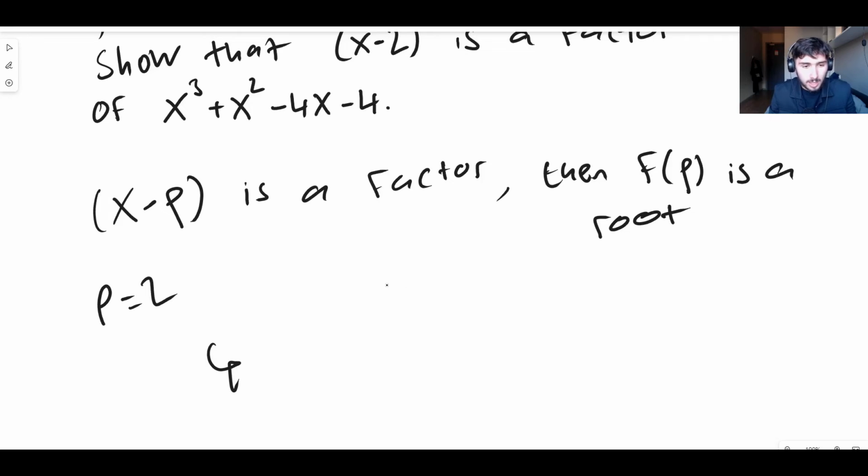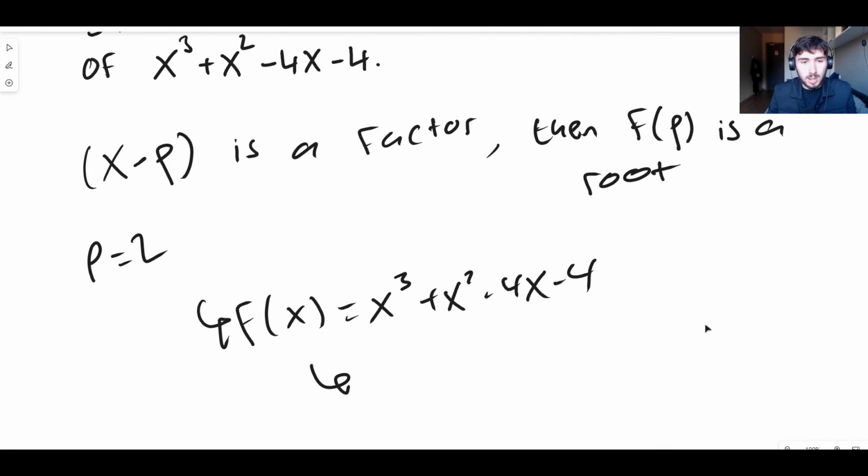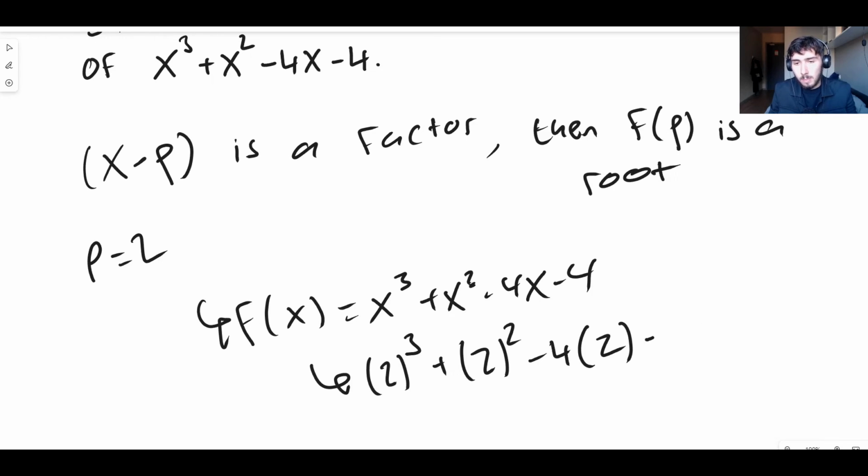So f of x is x cubed plus x squared minus 4x minus 4, which means that if we substitute in f of 2, we get 2 cubed plus 2 squared minus 4 times 2 minus 4.